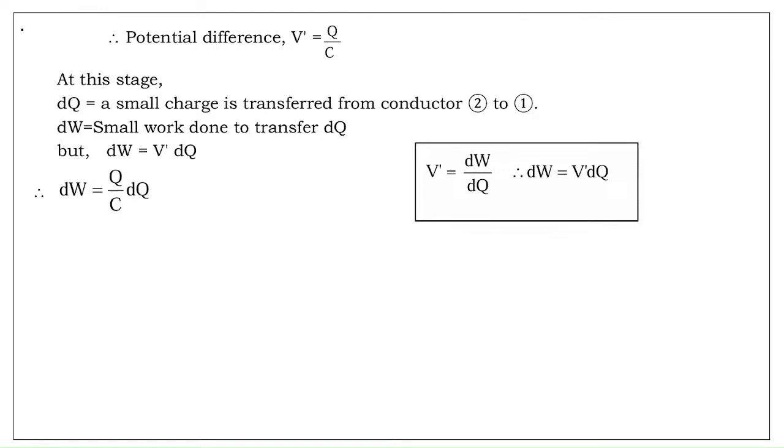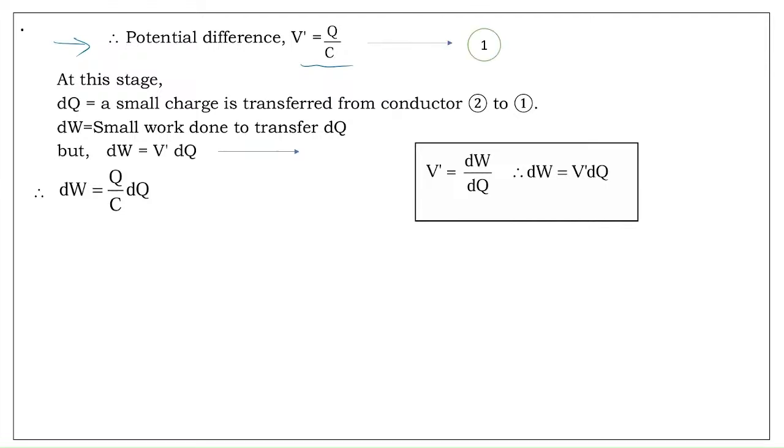Consider an intermediate situation when the charges on the plates are q and minus q. At this stage the potential difference between the plates is V'. Therefore, potential difference V' is equal to q by C. Mark as equation 1.